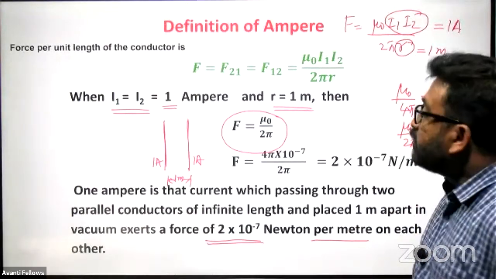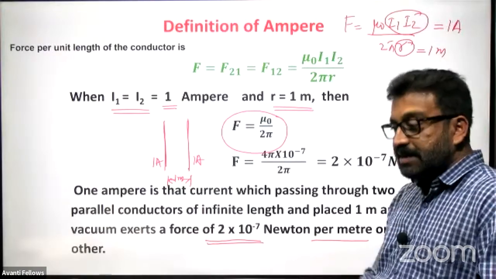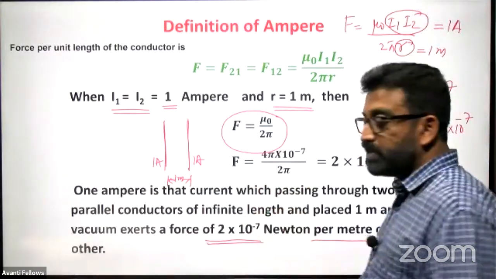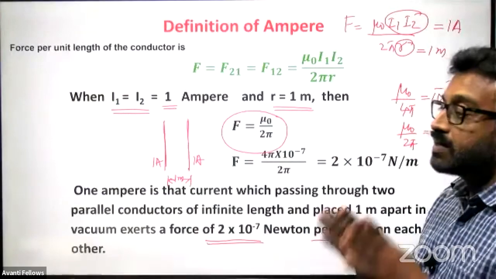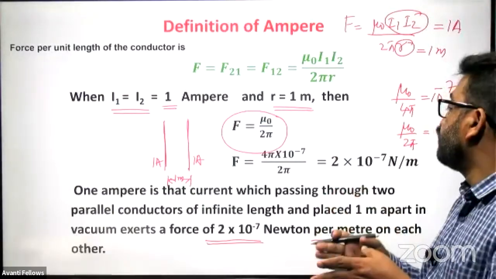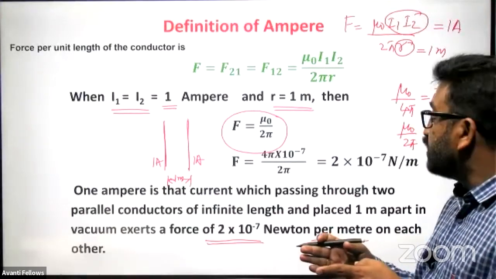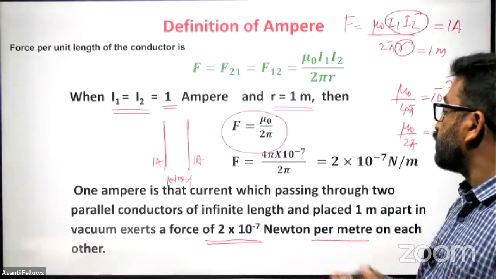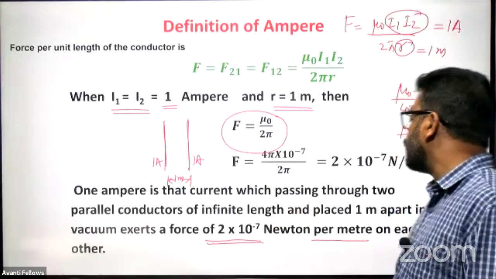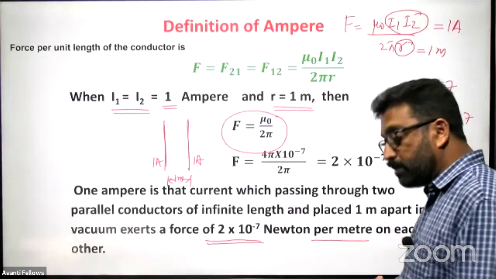So we define 1 ampere based on this. 1 ampere is that current which, passing through two parallel current carrying conductors kept at a distance of 1 meter apart, makes them either attract or repel with a force of 2 into 10 power minus 7 Newton per meter.